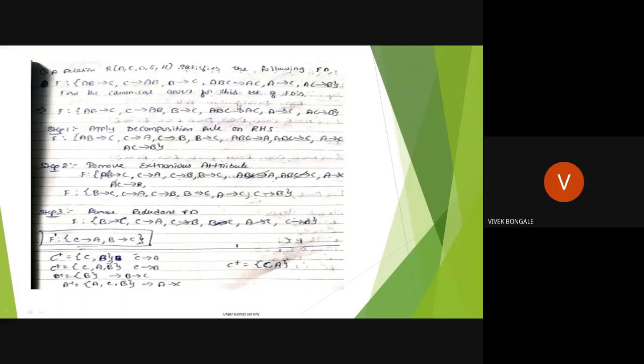So here ABC determines A. Trivial means X determines X, or Y is a subset of X. Here A is a subset of X. So this is a trivial functional dependency, and it is always present in the table, so there is no need of mentioning it. So remove this one. Remove extraneous attribute.